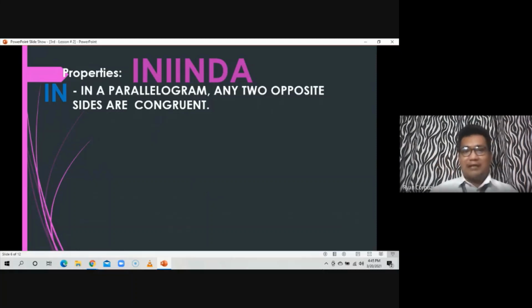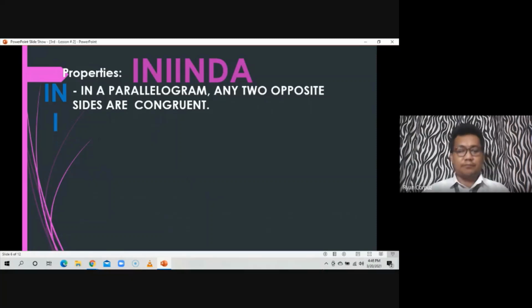We mentioned that earlier, right? A parallelogram has two sides which are parallel to each other, and those two sides are congruent in measure. It has two pairs like that. So again, the first property is that in a parallelogram, any two opposite sides are congruent.